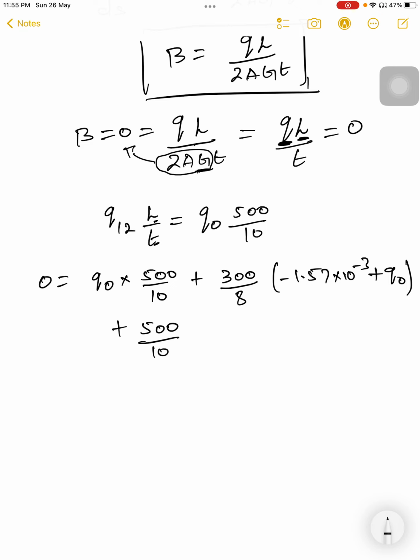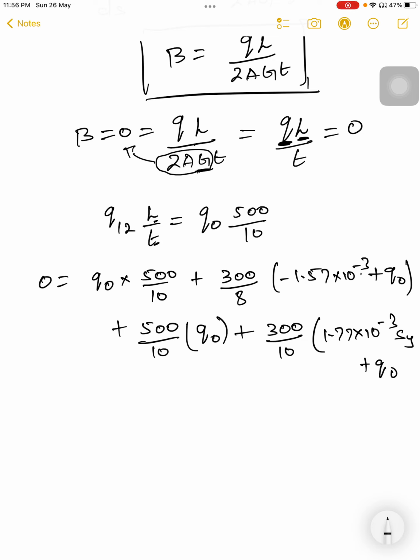So the Q34 is 0 plus Q0, that is Q0, plus now panel 4 1, the length is 300 divided by thickness 10, and the shear Q41 value is 1.77 into 10 power minus 3 SY plus Q0.